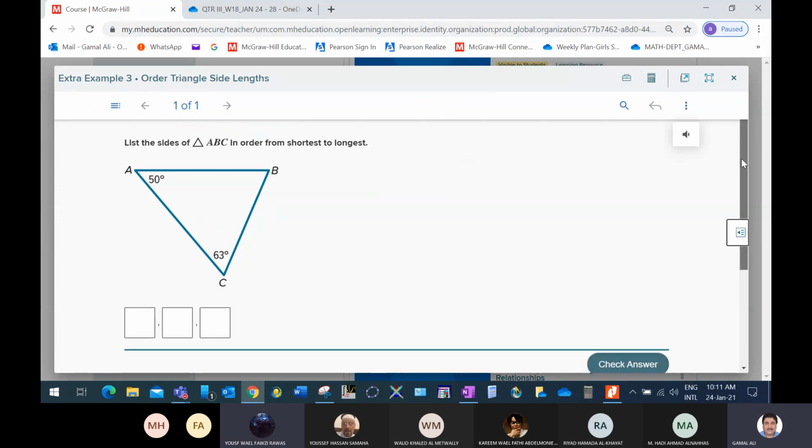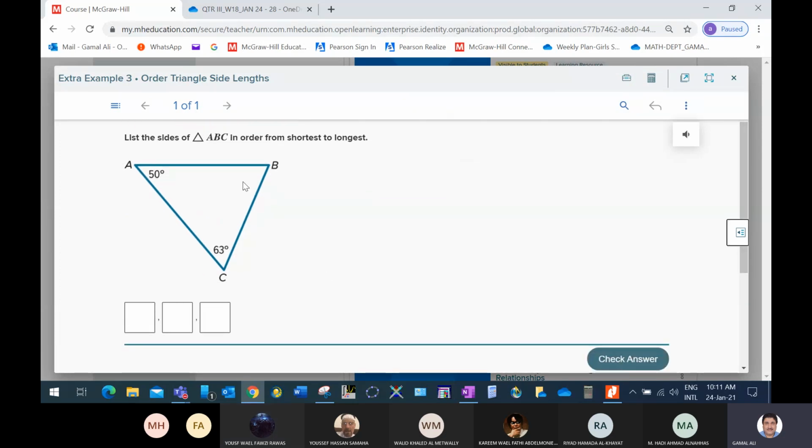B is 67. Very good. What is the smallest angle, if angle A is 50, angle B is 67, angle C is 63? A. What is the opposite side of it? The opposite side is BC. So we have to write BC here.